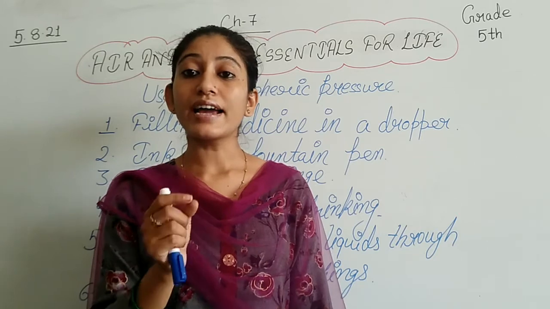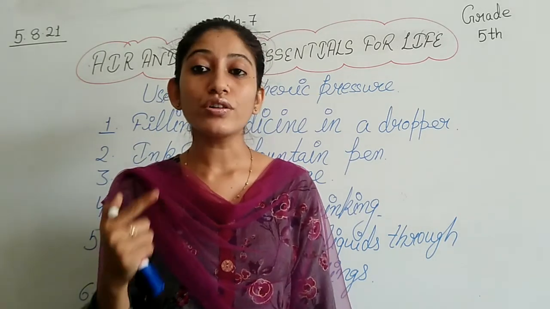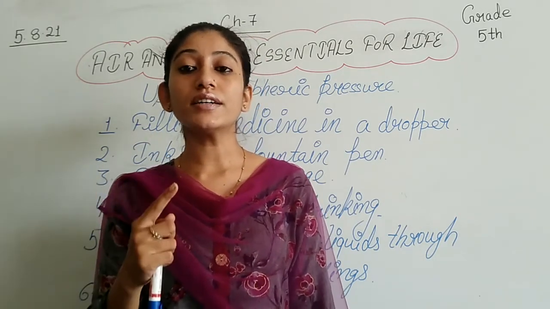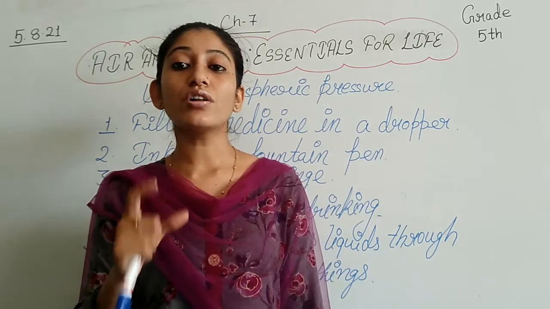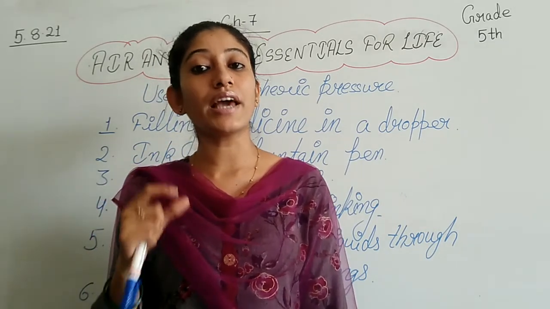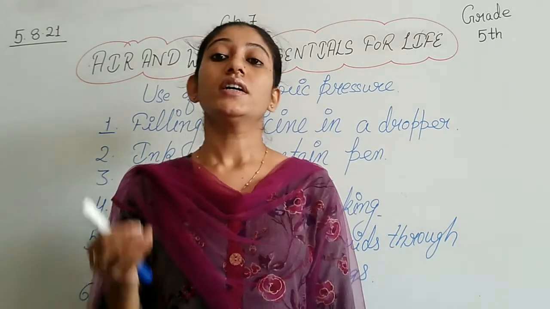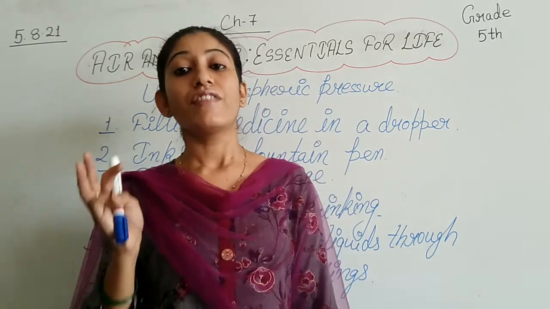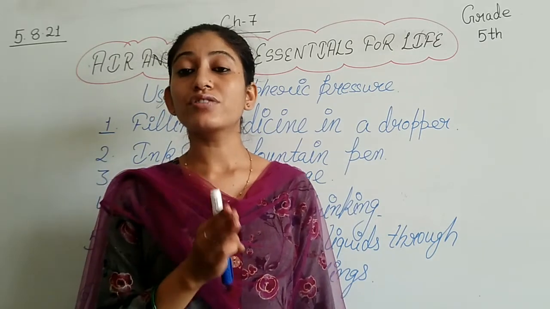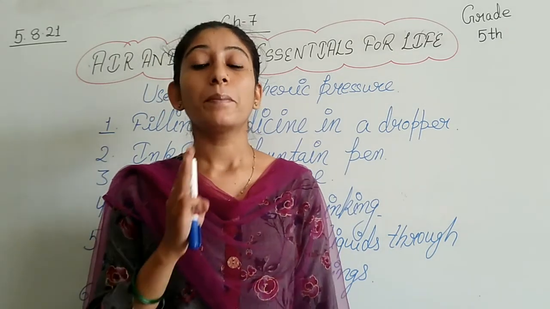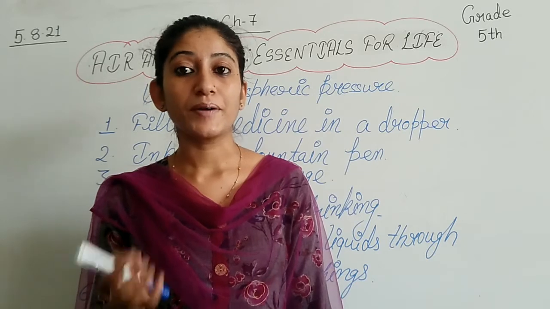The kites which you fly also work with air pressure. They also fly due to the air pressure. So these things like sailboats, windmills, flying kites all actually use air pressure for functioning.